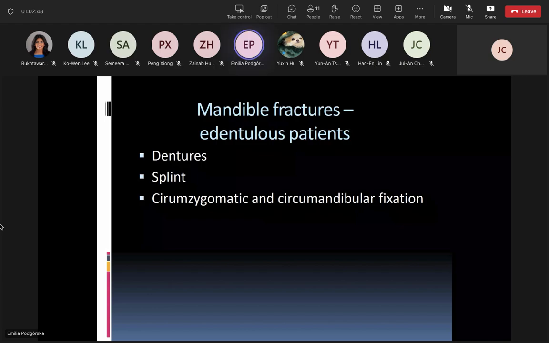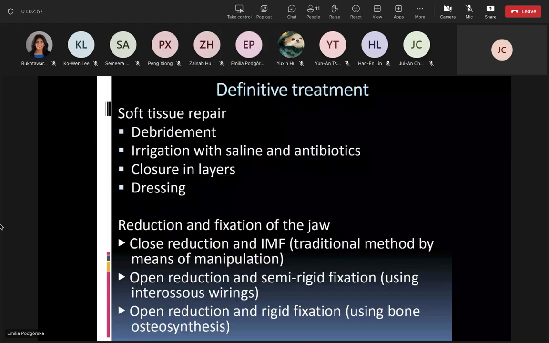Definitive treatment: soft tissue retraction, debridement, irrigation with saline and antibiotics, closure in layers, reduction and fixation of the jaw, open reduction and semi-rigid fixation, open reduction and rigid fixation, closed reduction, arch bars.